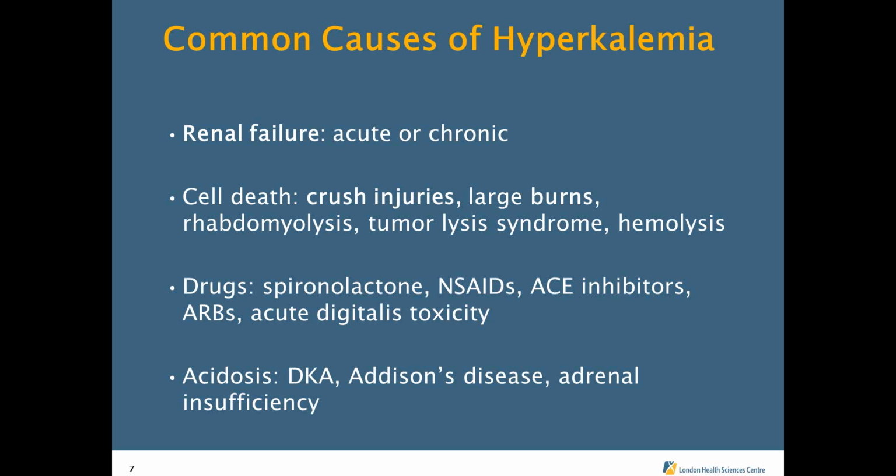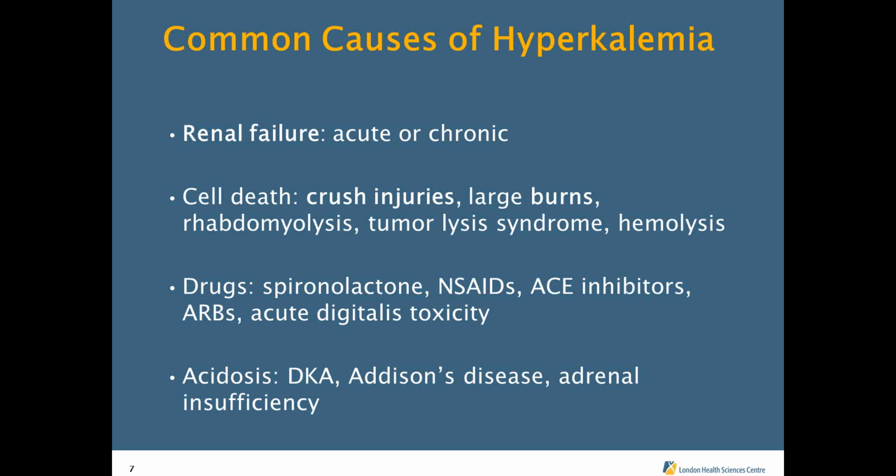So certain drugs can also cause hyperkalemia. There's a number of potassium-sparing diuretics. One that you're probably familiar with, seen on patient lists, would be spironolactone. Amiloride is another one. NSAIDs can actually cause hyperkalemia, as can ACE inhibitors and ARBs, and that's because they all affect kidney function. Hyperkalemia can also be seen in the setting of acute digitalis toxicity, so patients that are taking digoxin and may be unwell and their digoxin levels may be getting high and in the toxic range.